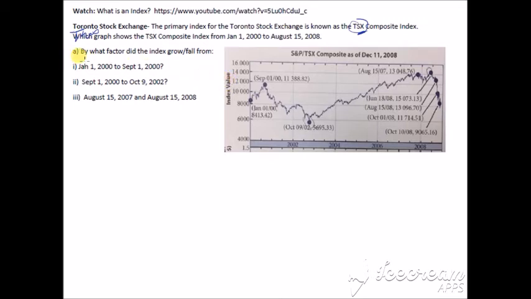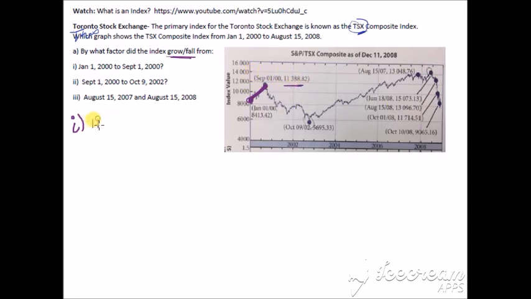Okay, so A, by what factor did the index grow or fall from January 1st, 2000, which is here, to September 1st, 2000, which is here? We can see that the stock went up, but we want to know by what factor. Just like in 4.1, we take the numbers for these points, which are a date, comma, and then the number.